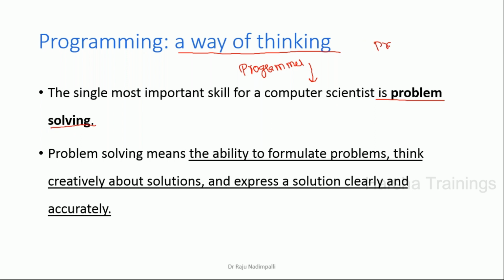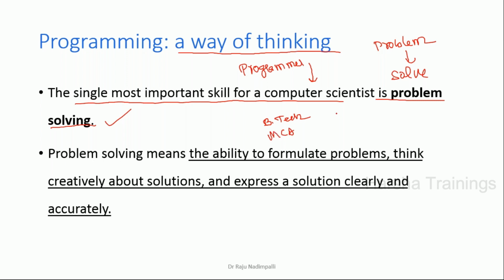Whatever problem they give you in your company, you have to solve it. That must be the primary qualification. Clear? The single most important skill of a computer scientist is problem solving. You may do a BTech or MCA or BSc computer science or BCA or a PhD, whatever it may be. Your ultimate aim is you should have a problem solving approach.